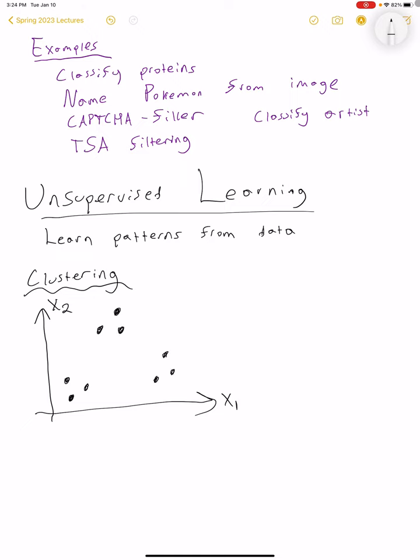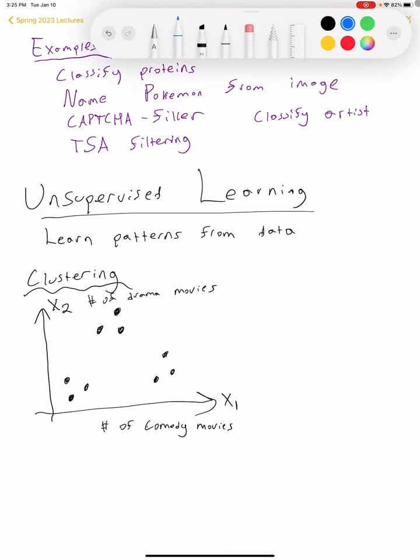In this example, let's say that x1 is the number of comedy movies that someone watches on their Netflix account, and x2 is the number of, what's another genre? Drama movies.